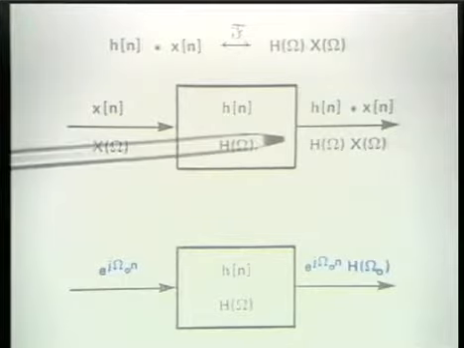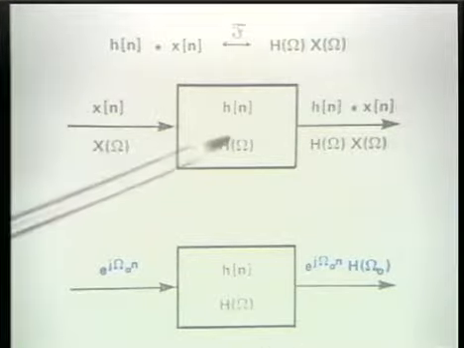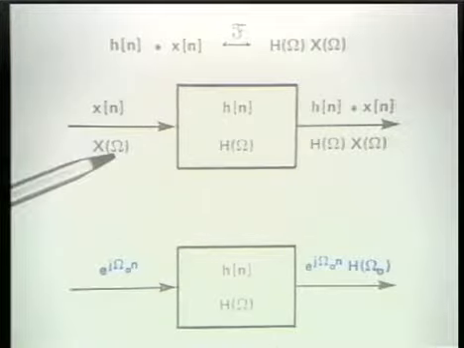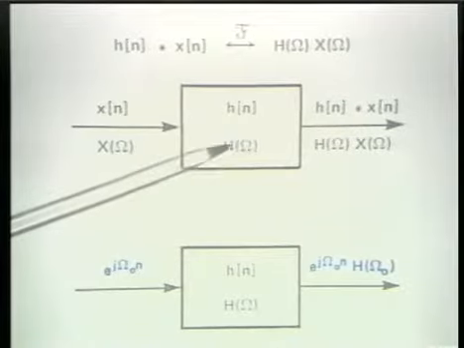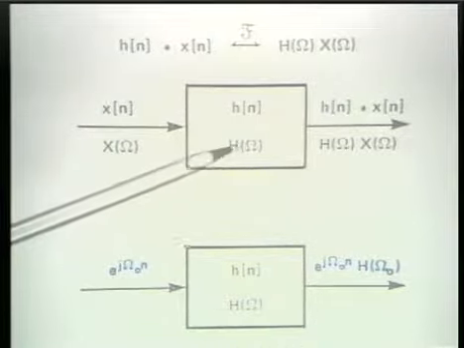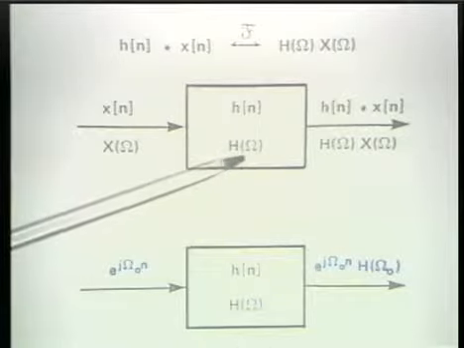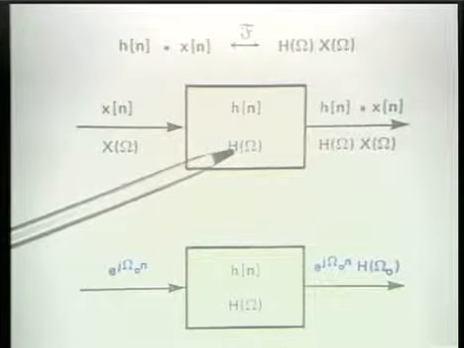If we think of pushing that linear combination through the system, then each of those complex exponentials gets its amplitude multiplied by the frequency response, which we saw is the Fourier transform of the impulse response.